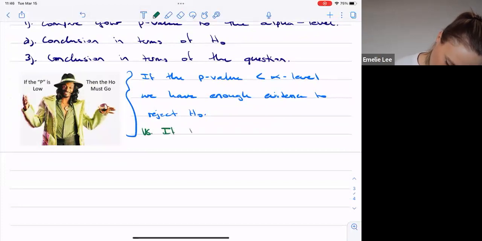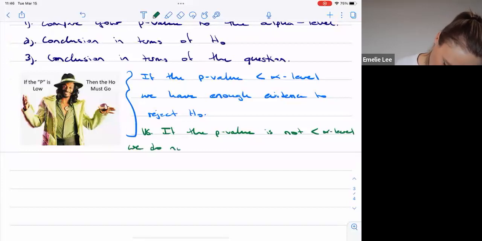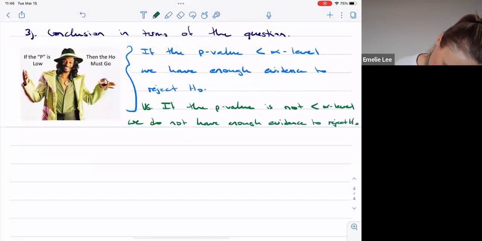Versus if the p-value is not less than the alpha level, we do not have enough evidence to reject H0.